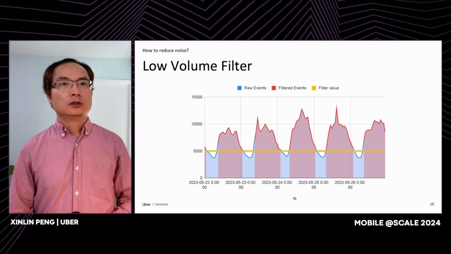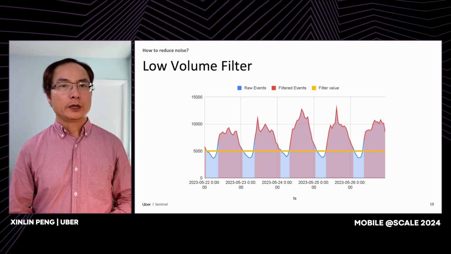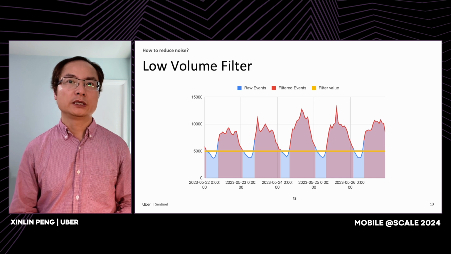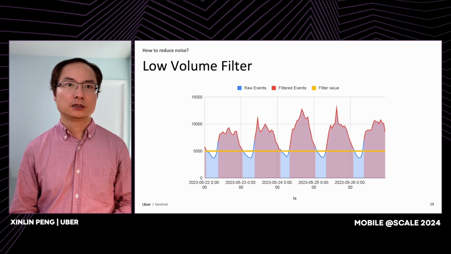Another reason for noise is when the traffic volume becomes very low. There are a lot of products which have well-defined operating times and have very low volume outside of these operating hours.